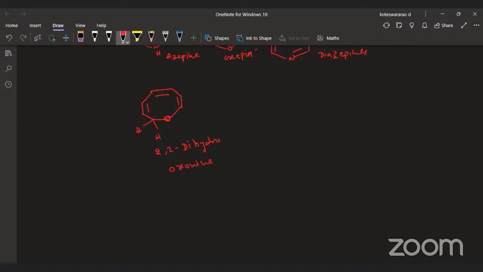It is somewhat difficult to draw the 9-member ring and the 10-member ring. I'll just try to write it. Just a minute.